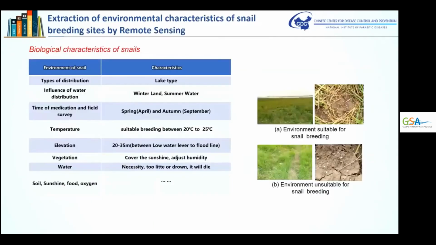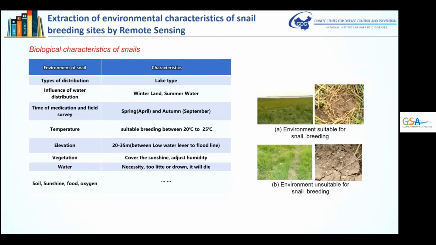Okay, this slide shows the biological characteristics of snails. The type of distribution is lake type, and the influence of water distribution is winterland and summer water. The time of medication and field survey is spring and autumn. The suitable breeding temperature is between 20 to 25.